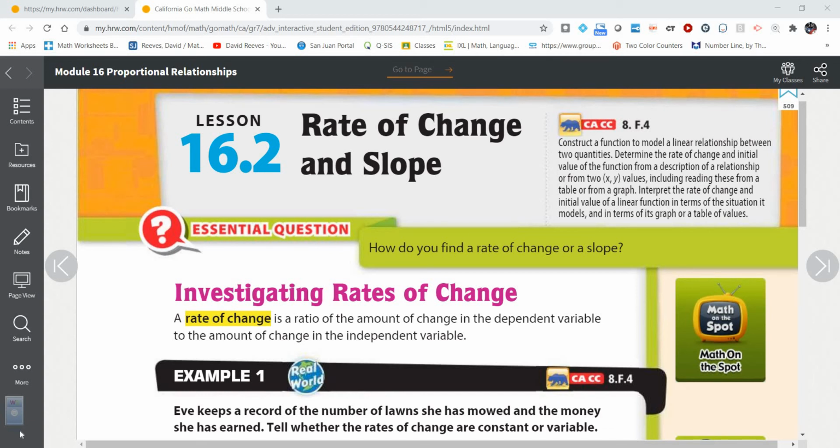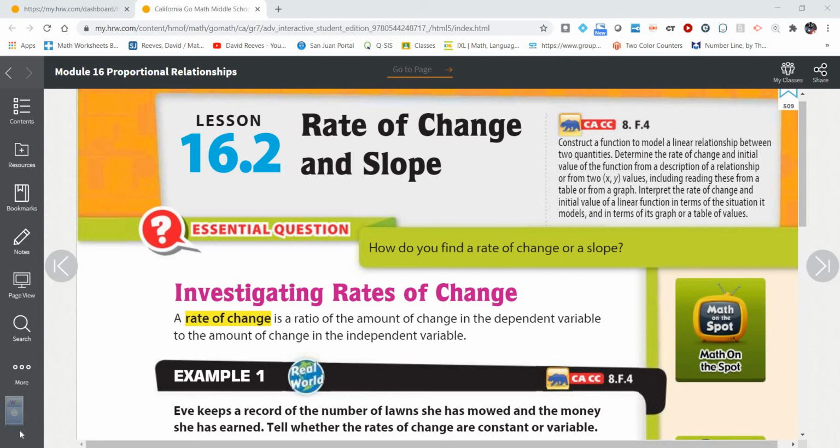And today we're going to be talking about rate of change and slope and unit rate. So we're going to take some of the stuff we've been talking about and try to bring it into a new concept of slope. So remember, a rate was a special type of ratio where the units of measurement were different, right?